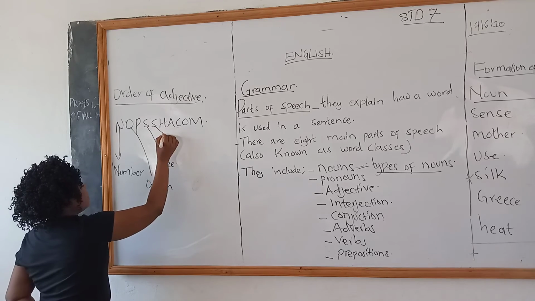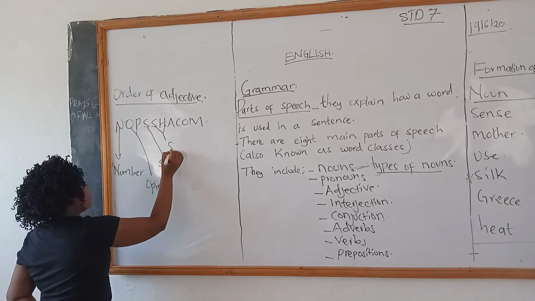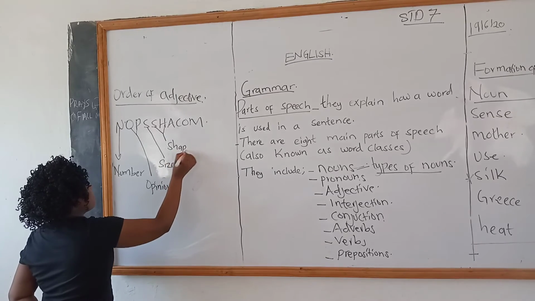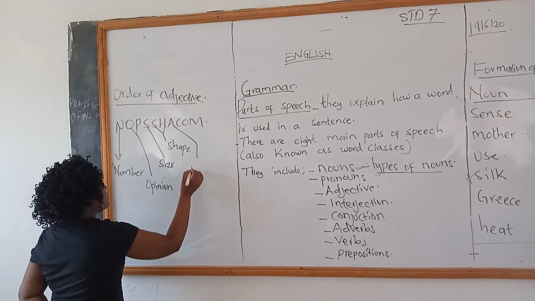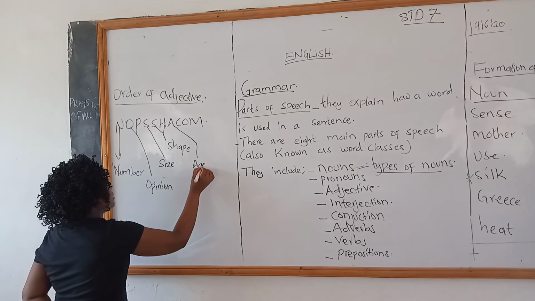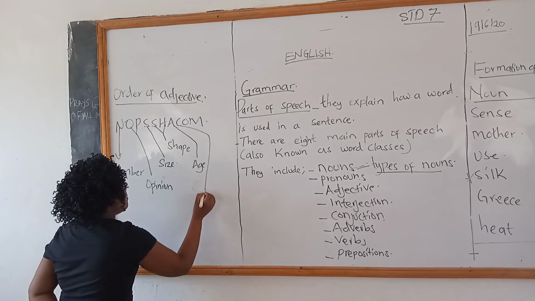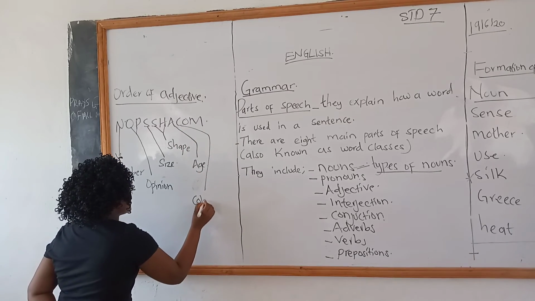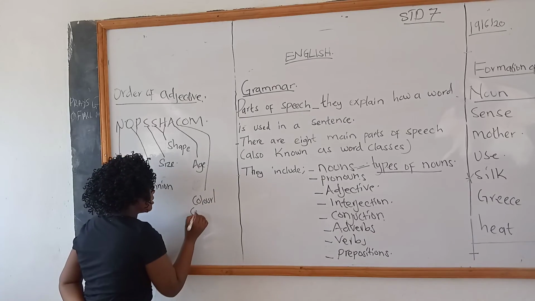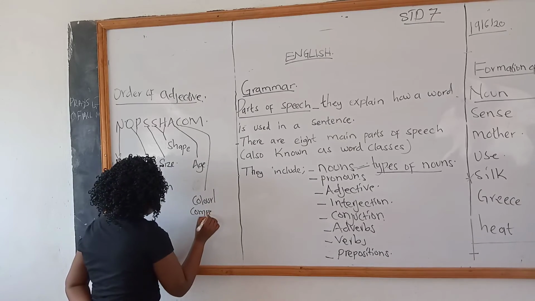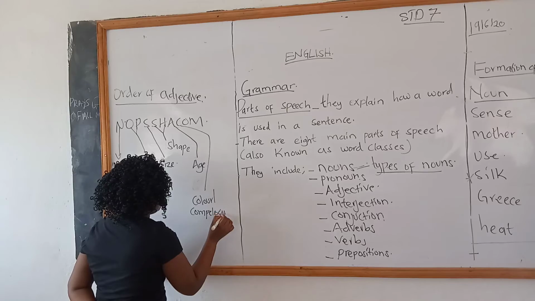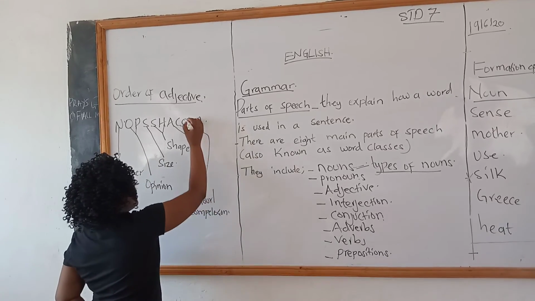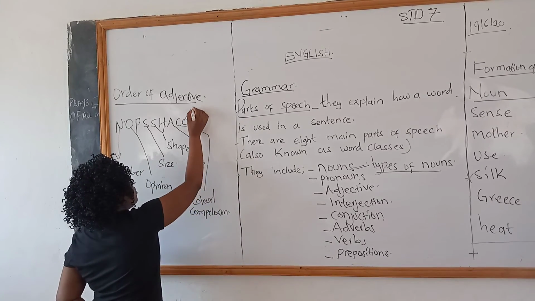Then we have shape. Then we have age. Then we have color, it can be color or complexion. Then O stands for origin.